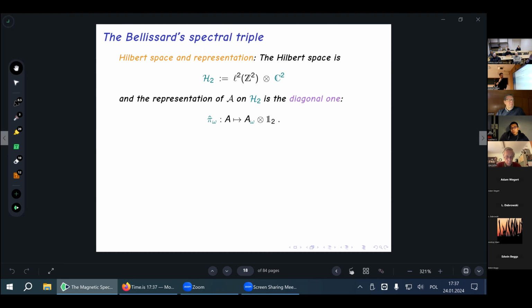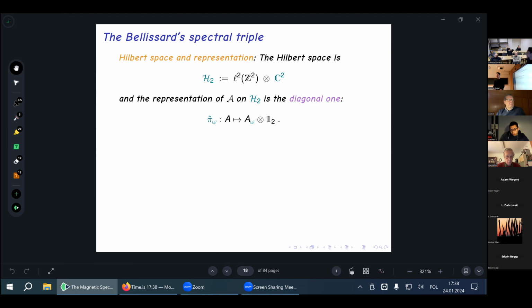Now, because I want to construct the spectral triple, I'm saying nothing new. This is really everything Jean did in his paper. I'm just repeating the construction that is in the paper. The Hilbert space for the construction of the spectral triple is just the tensor product of L2 of Z2 with this C2 fiber. I need this sort of spinorial degrees of freedom because I want to put a Dirac operator there.